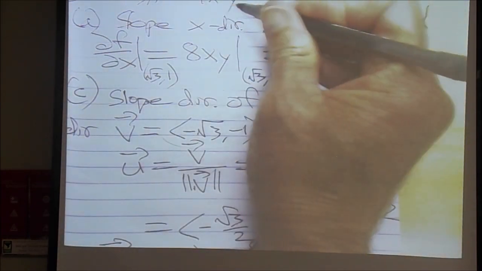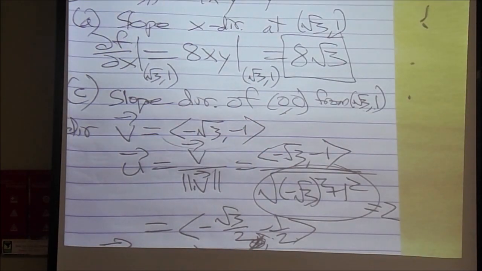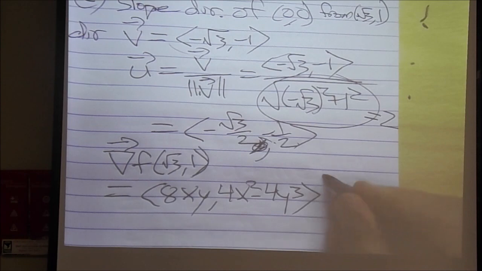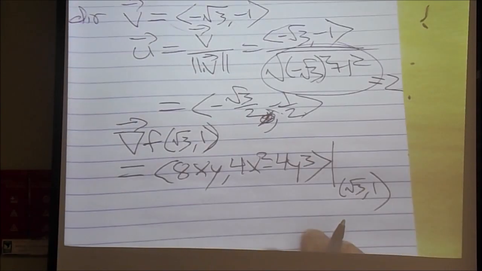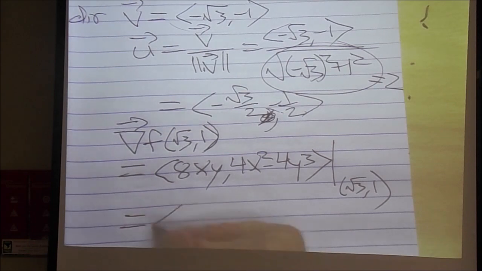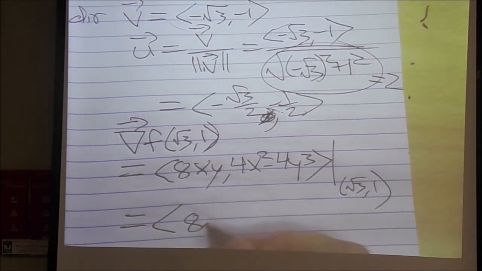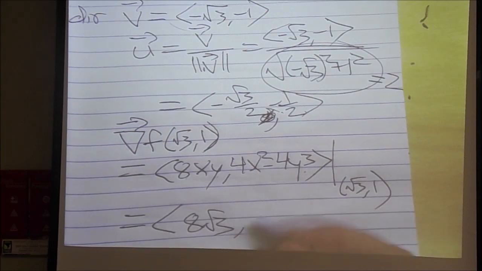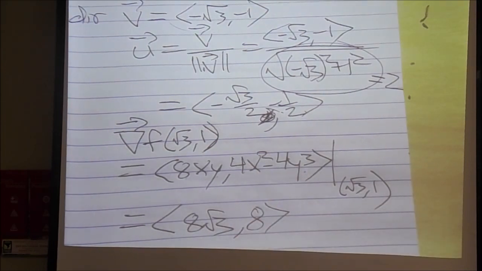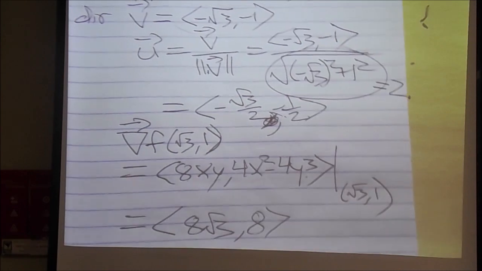The partial with respect to y is 4x squared minus 4y cubed. So we'll bring that down here and plug in the point square root 3, 1. This is 8 square root 3, and then 12 minus 4 is 8. So there is the gradient at square root 3, 1.